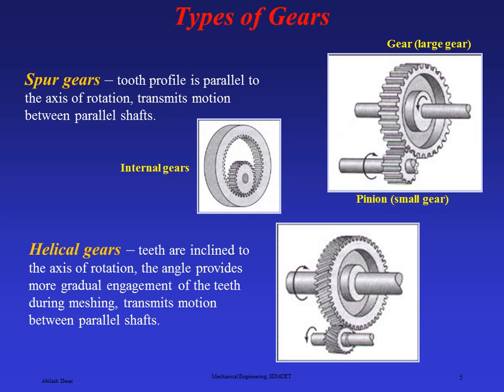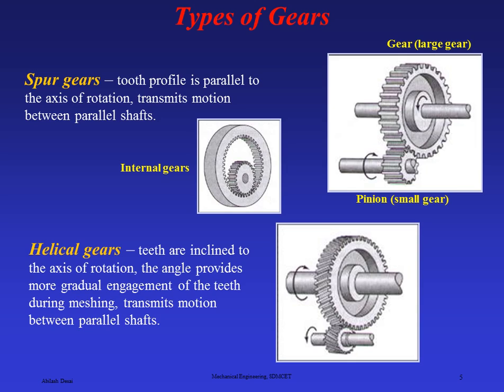If one has rotation in clockwise, which direction will the other gear have? Can you think and tell me? See the figure there. External gear arrangement is there and internal gear is also there. Internal gear, if one is clockwise, which direction will the other wheel have? Sir, clockwise only, sir.